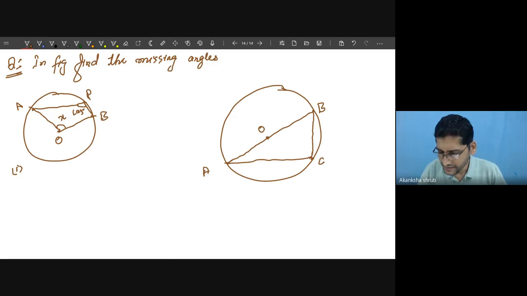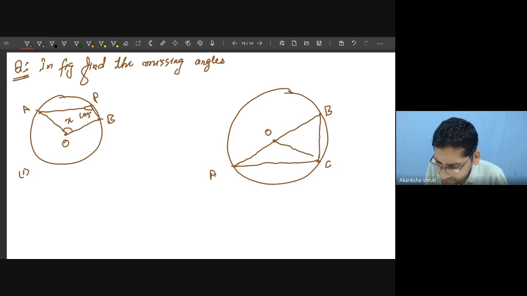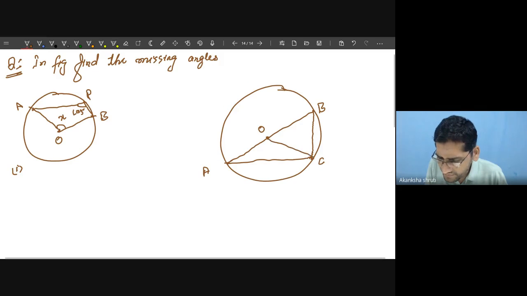Now the figure is like this. In this case, let us take this angle as 130 degrees.